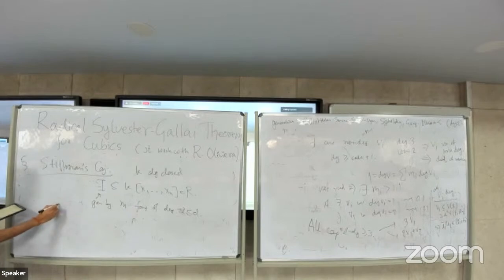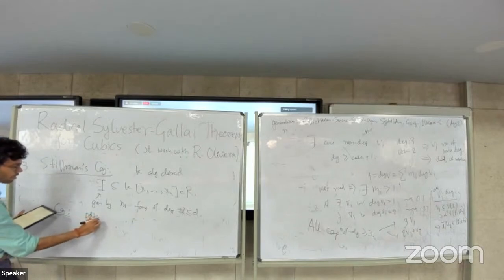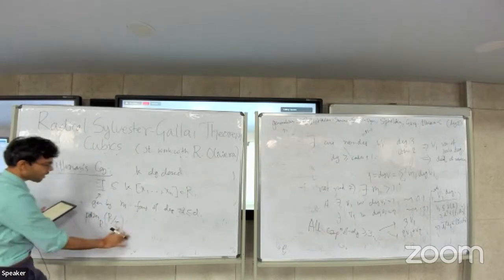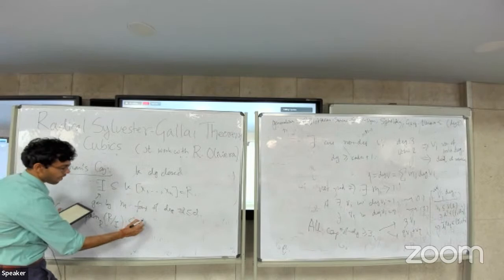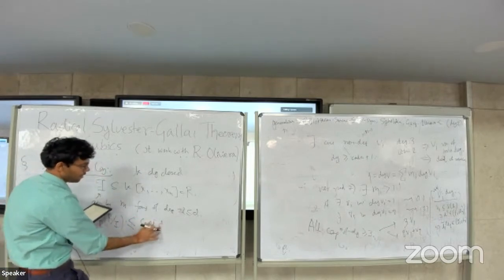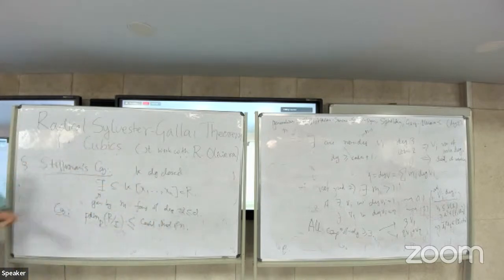So Stillman's conjecture was that the projective dimension over R of this ideal, or the quotient R mod I, is bounded by some constant independent of n, independent of the number of variables.